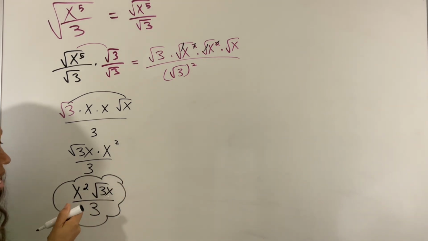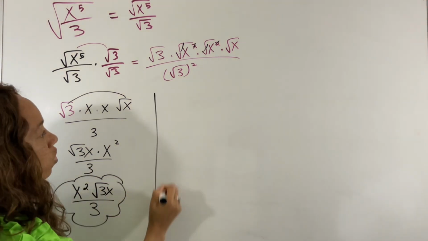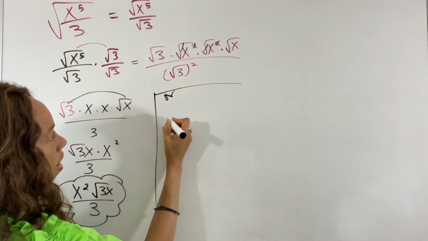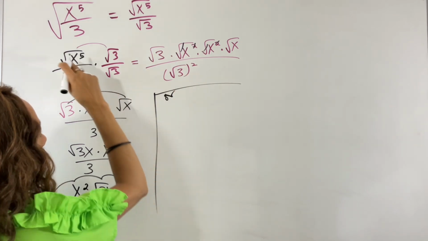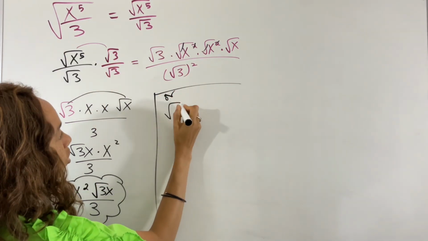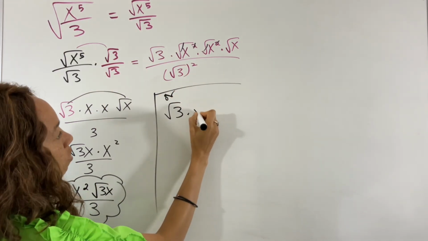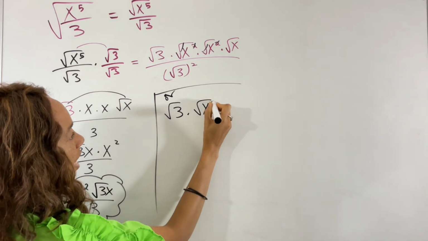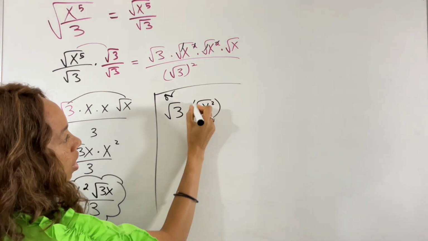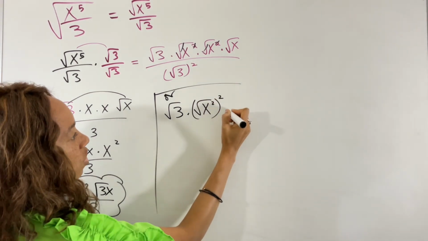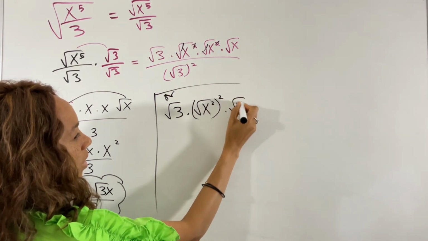But if you did not do it like this, when you broke it up, you could have chosen another way. I can rewrite this as radical 3 times radical x to the 2nd power, or 4, write it like that, times radical x.